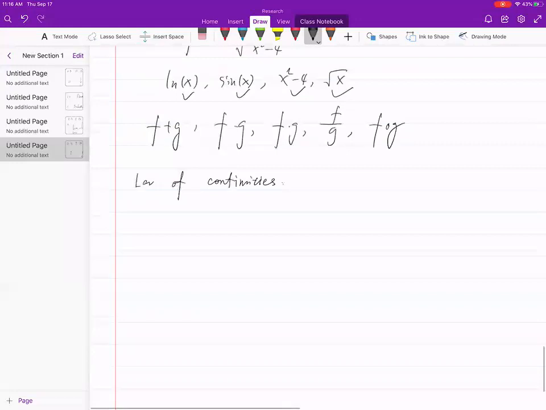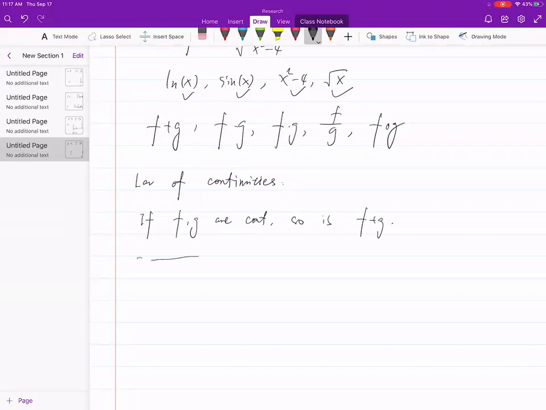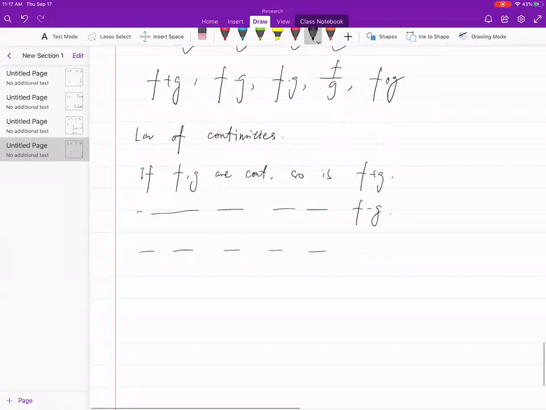Okay. If f and g are continuous, so is f plus g. So is f minus g. So is f times g. So is f divided by g, given g does not equal 0.